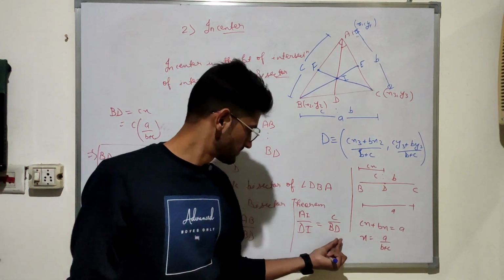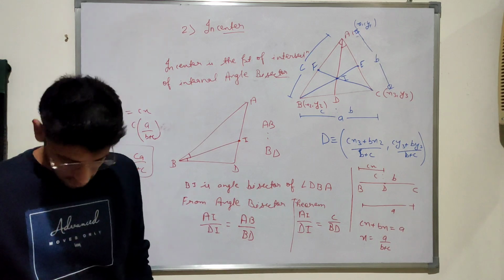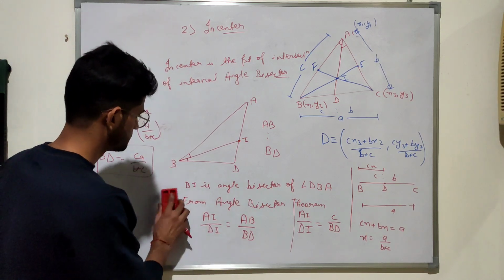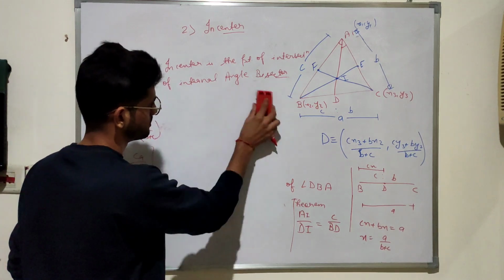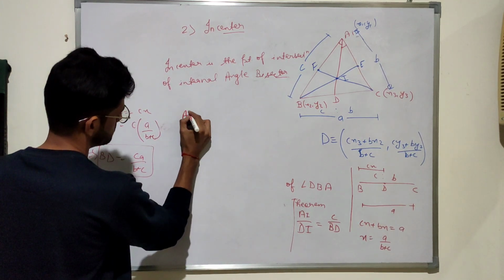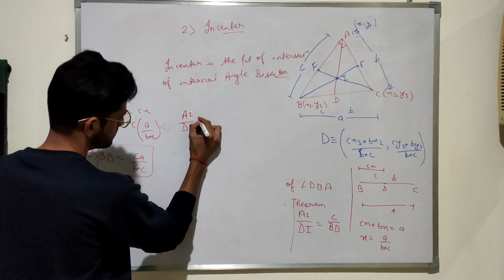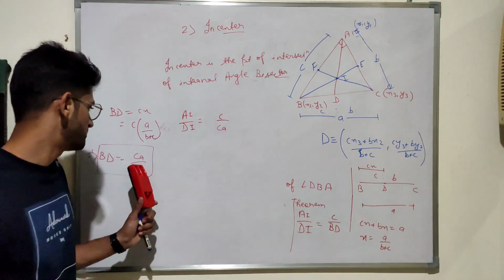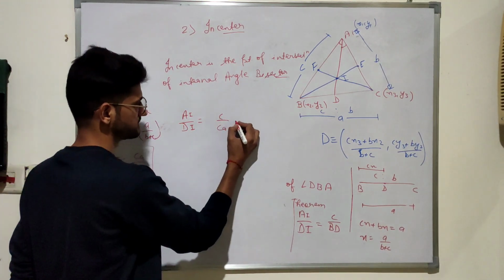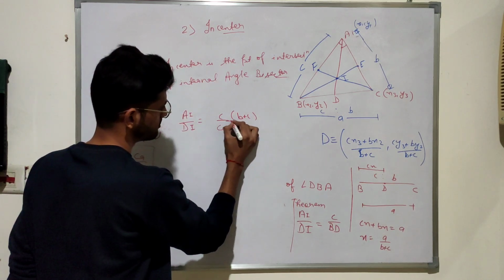So we can substitute here. AI upon DI is equal to C upon BD. The value of BD is CA upon B plus C, so B plus C will go into the numerator.